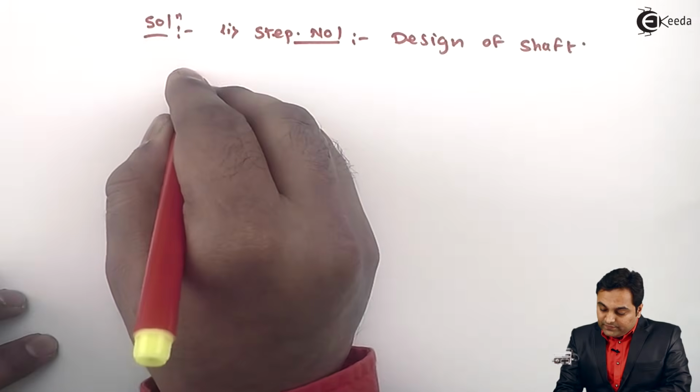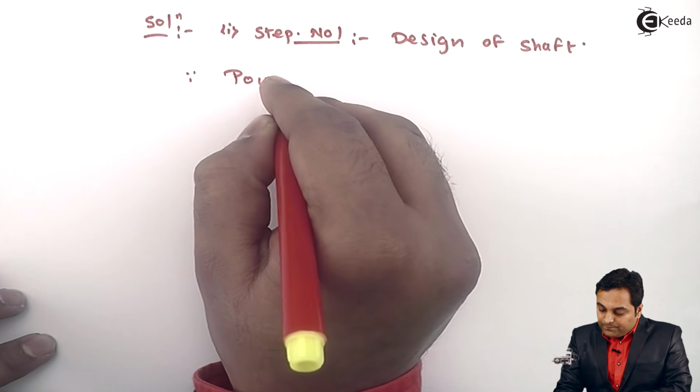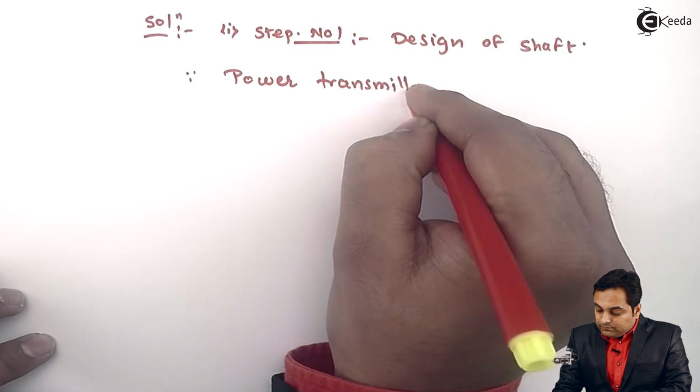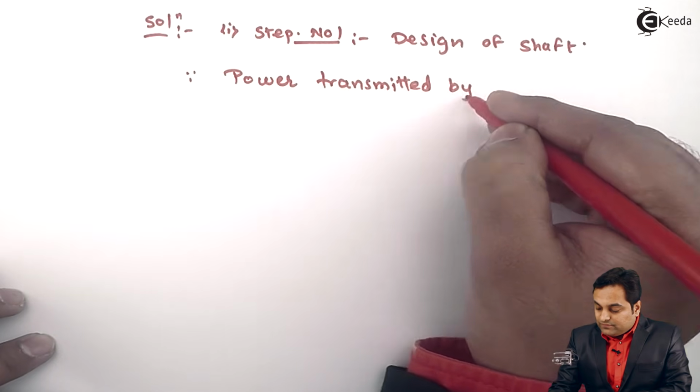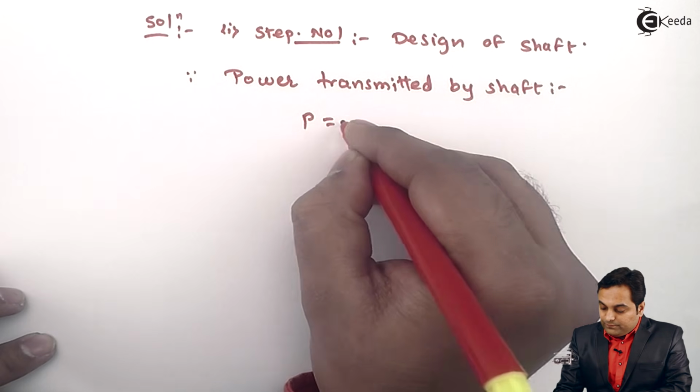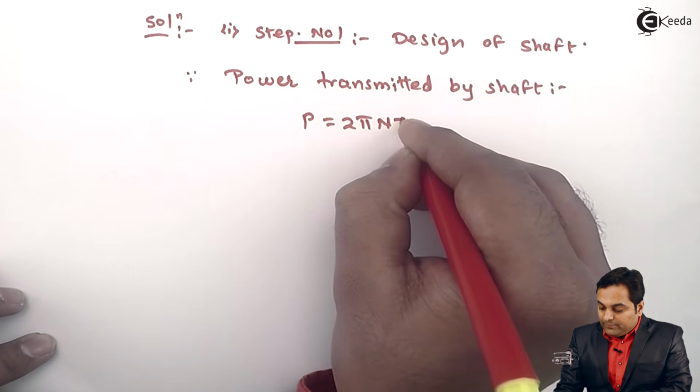So I'll say that since power transmitted by shaft P is equal to 2 pi NT upon 60.